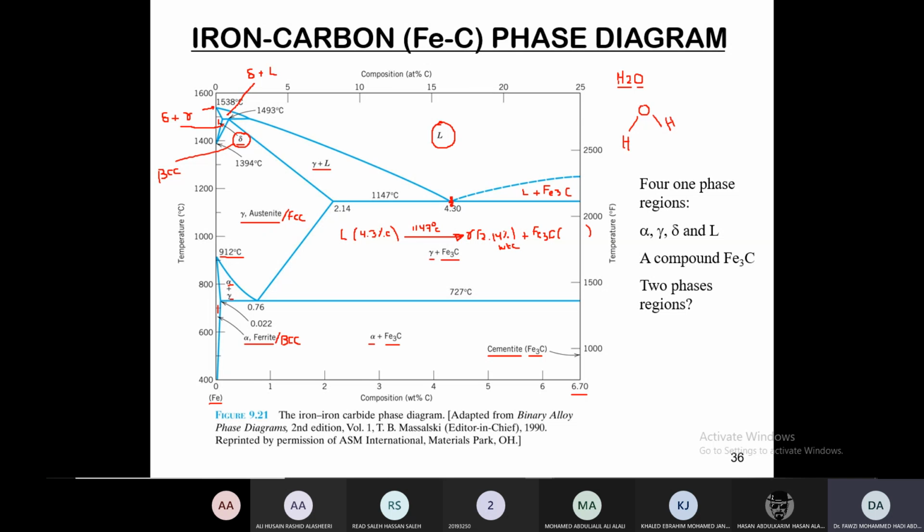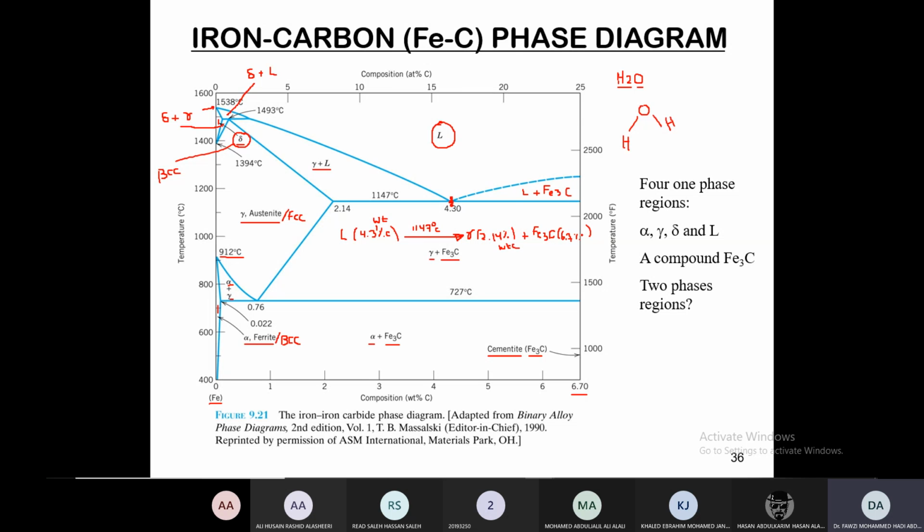I forgot to write here percent by weight. And the cementite from that same tie line forms at 6.7% by weight carbon.